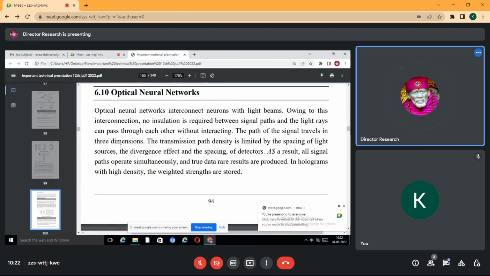The path of the signal travels in 3 dimensions. The transmission path density is limited by the spacing of light sources, the divergence effect, and the spacing of detectors. As a result, all signal paths operate simultaneously, and true data or results are produced in holograms with high density. The weighted strengths are stored.